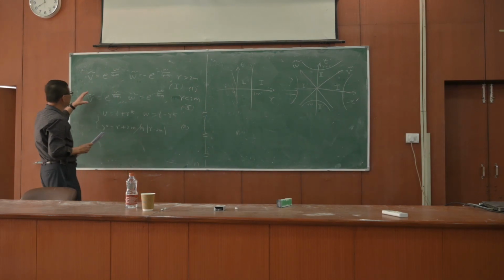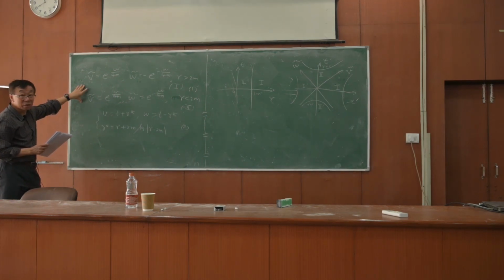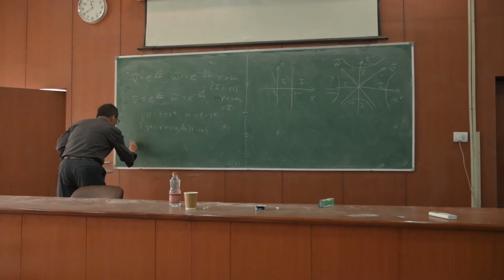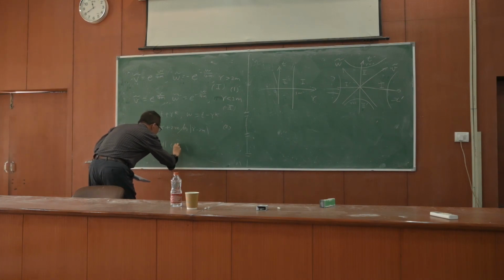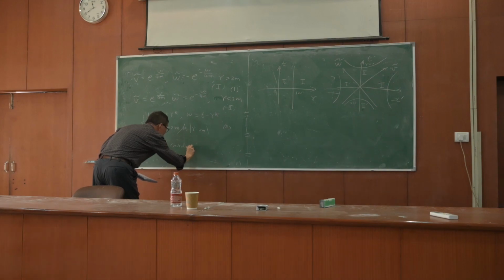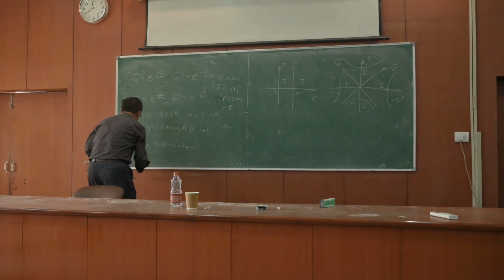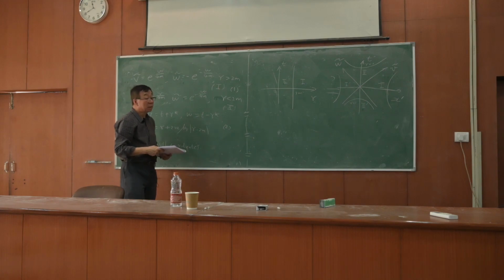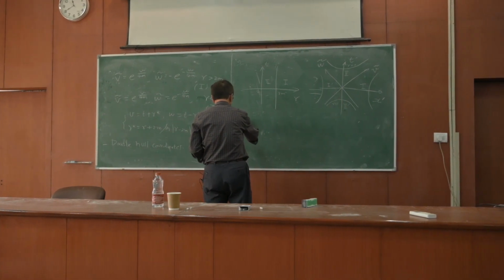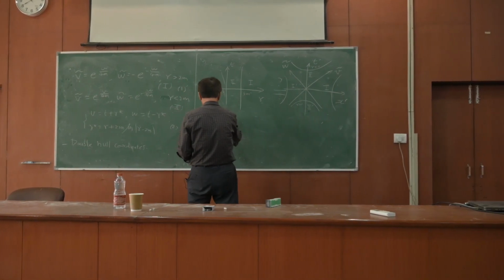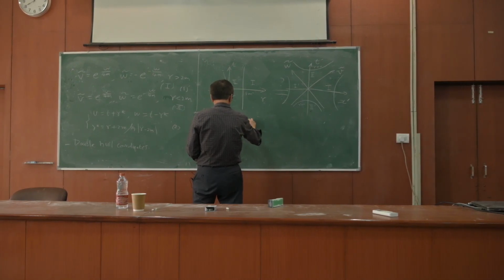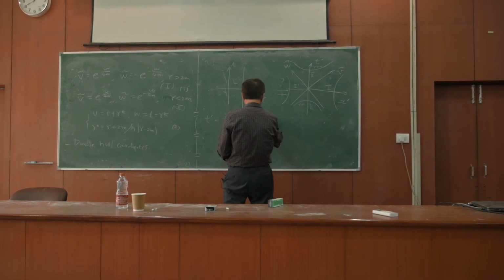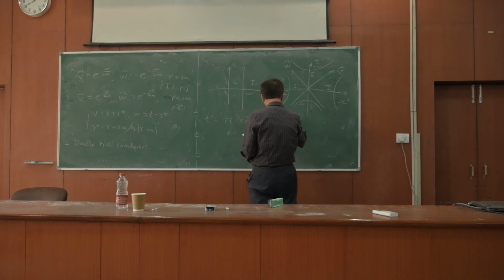So here we use what is called double null coordinates. This is the U and V. Now we want to introduce T prime. For T prime, we want to use one half of V0 plus W0, and X prime equal to one half of V0 minus W0.